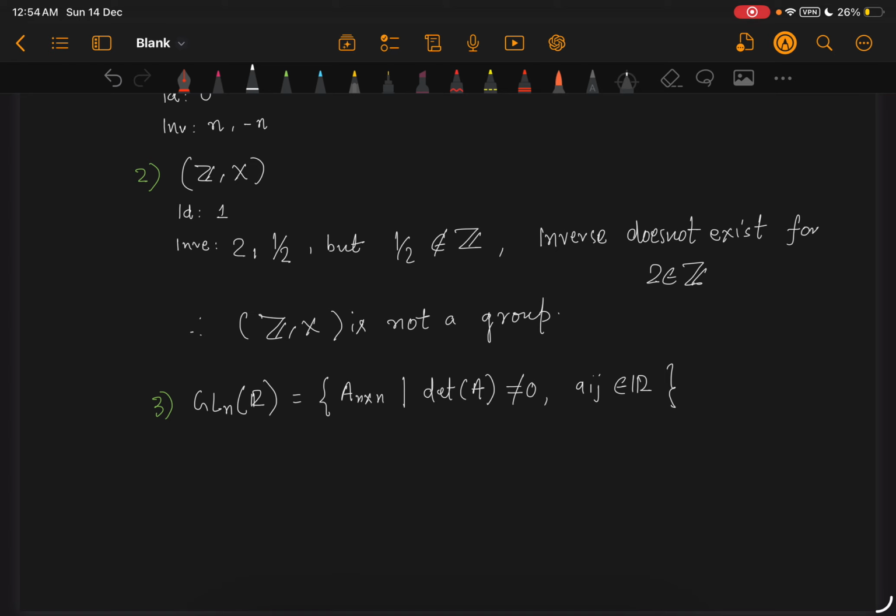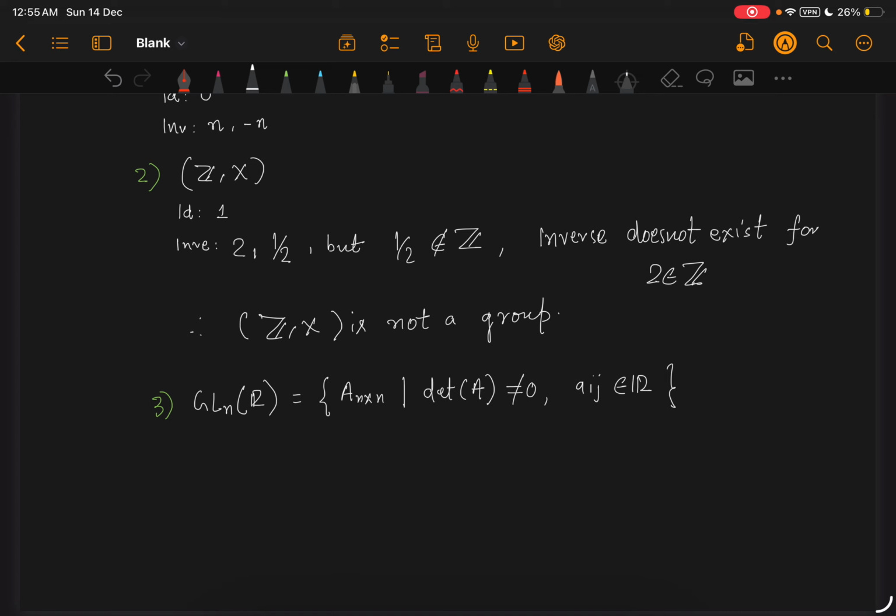So in this lecture, we have talked about the intuition behind the definition of groups, and why we are using the symmetry of equilateral triangles. Then we have formally defined groups, and then we have talked about a few examples and a non-example also.